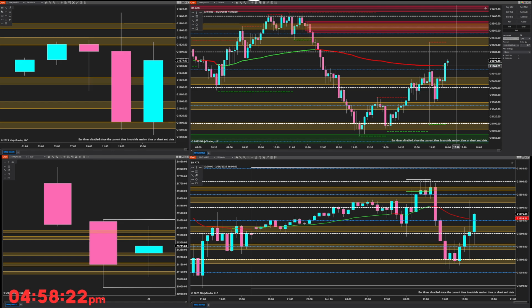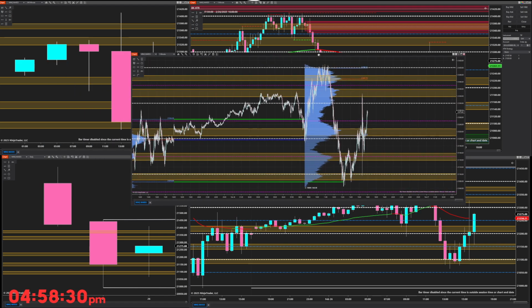I want to look at price here. I've got all these zones drawn out, based on a market profile chart on the 1 minute. This is the market profile from today's session, the 9:30 open to the 1600 hour close, the 4 o'clock close.